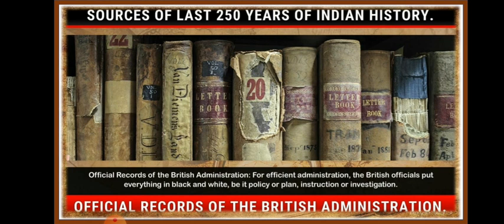Now, what are official records? Britishers believed in preserving their records in writing. Whatever they did for official purposes, they recorded in writing and preserved for future reference and future decision making, so that if the same type of cases occurred, they could refer to those records.